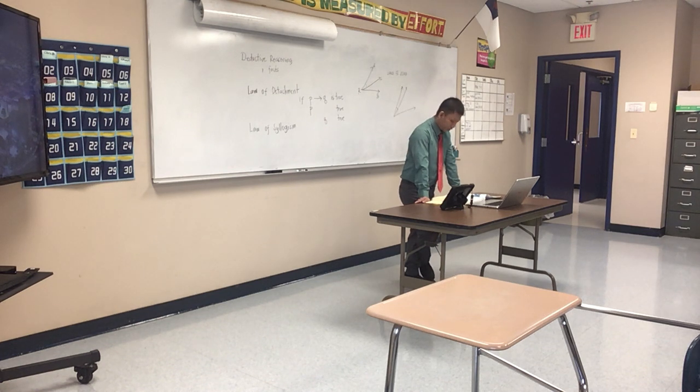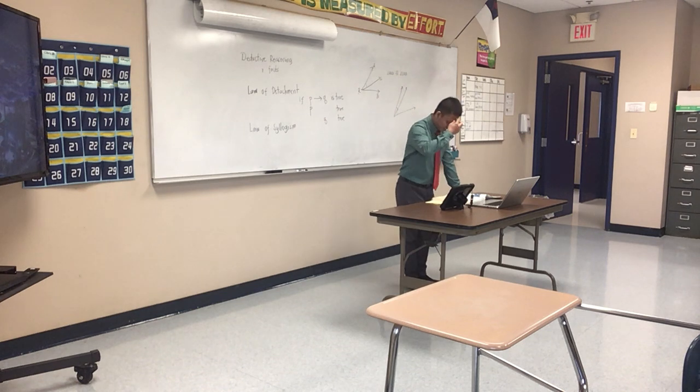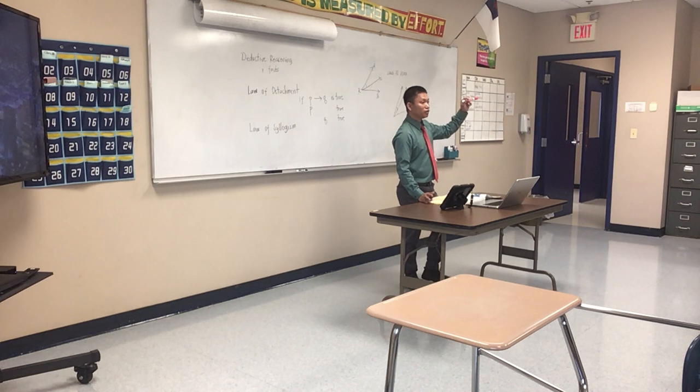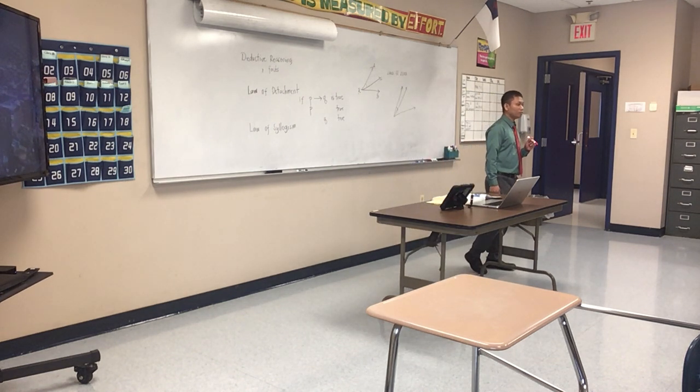Okay, on the first statement, what is our P? If a figure is a square, then its sides have equal length. Can we say that figure ABCD is a square?